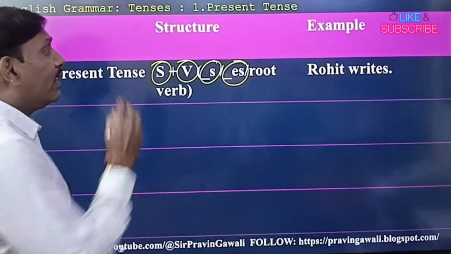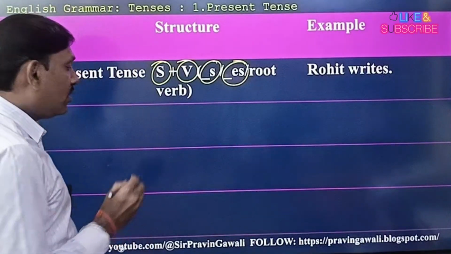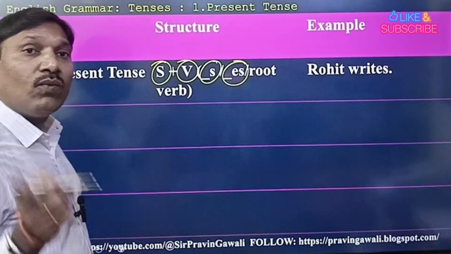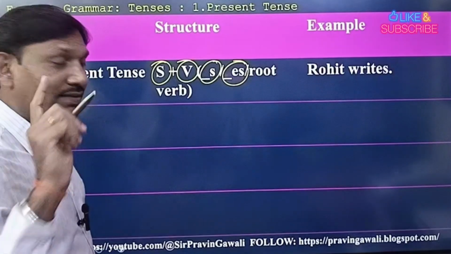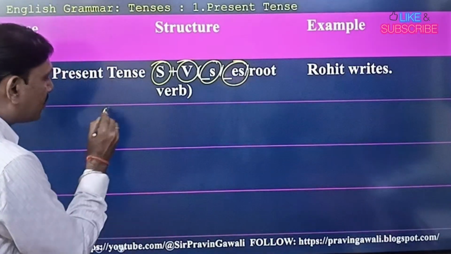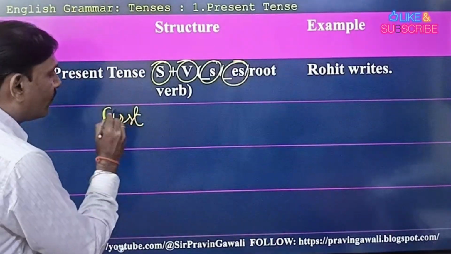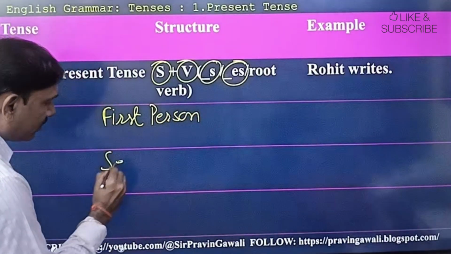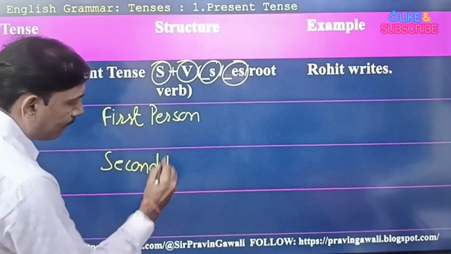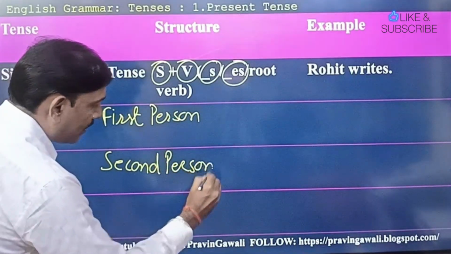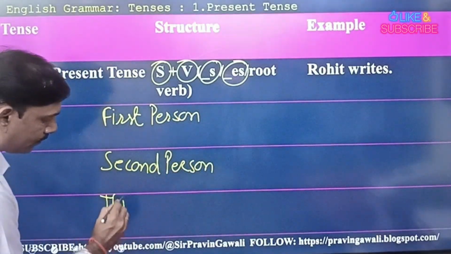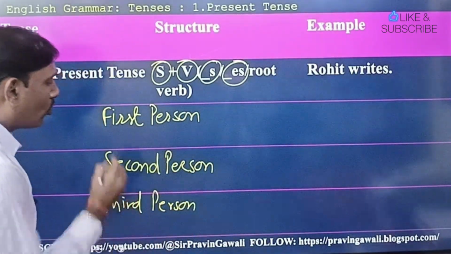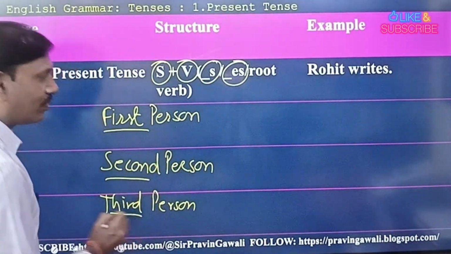Now see, students, in simple present tense, where the verb will take s or es. Now see, here first person, second person, and third person. Now, students, here in short I would like to tell you what is first person, second person, and third person.